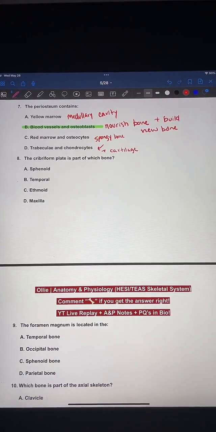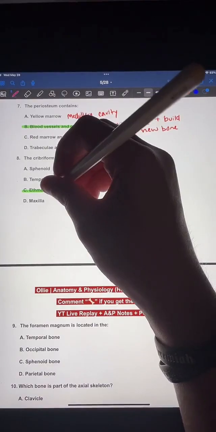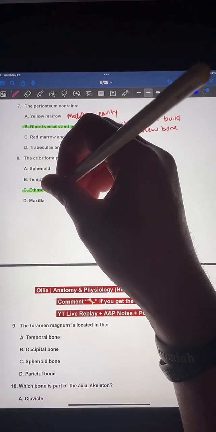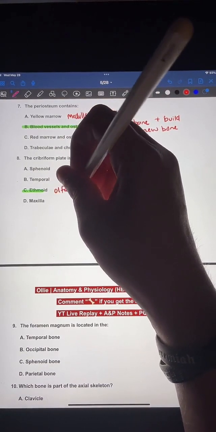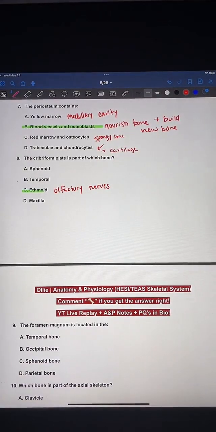But number 8, awesome, guys. You guys are killing it. Number 8, the cribriform plate is part of which bone? The answer is C. It is the ethmoid bone. This is essentially going to allow the passage of the olfactory nerves. The sphenoid is the base of the skull.